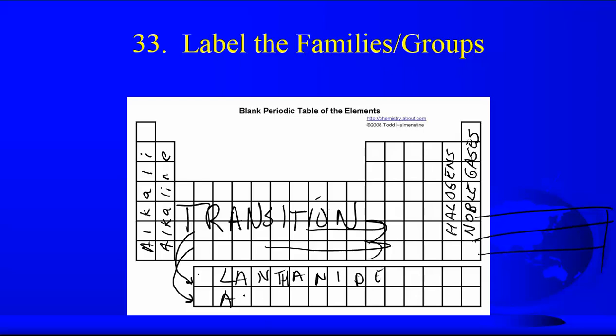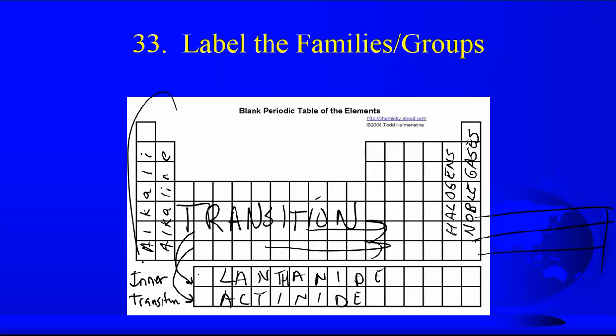Lanthanide. And the actinide. And Ben, this is why we don't have 9 periods, because these guys are actually inside the transition. These are called the inner transition metals. Wait, how do you say the bottom one? The lanthanide and actinide are called the inner transition metals.